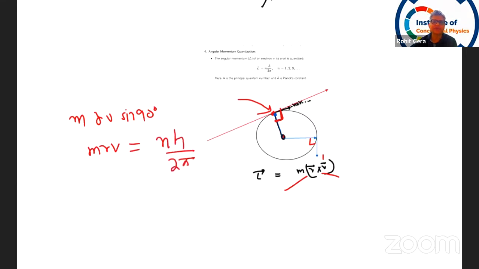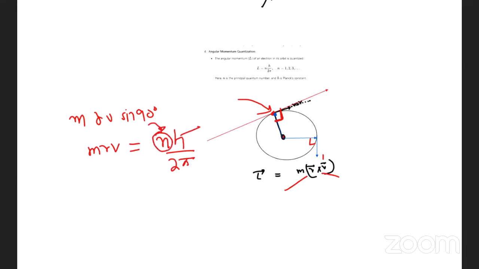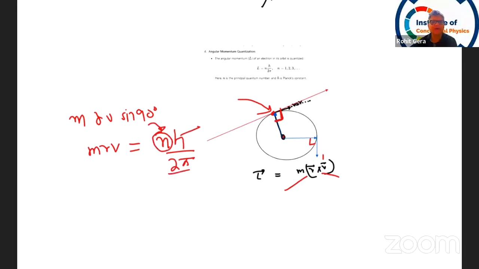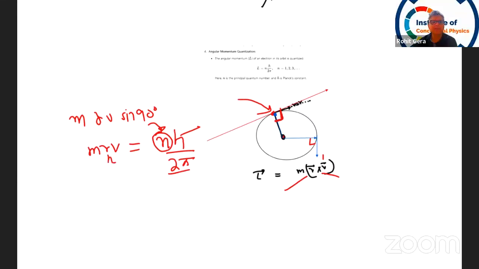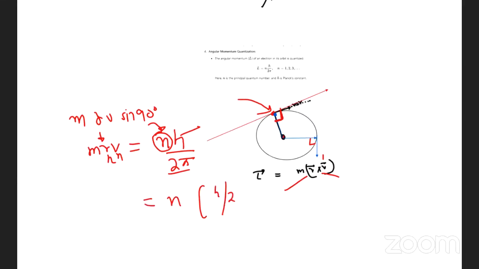Here h is Planck's constant, n is the orbit number. So the angular momentum in the nth orbit, having radius rn and velocity vn, is given by this. So the electron cannot have a random angular momentum. It always needs to be n times h by 2 pi.